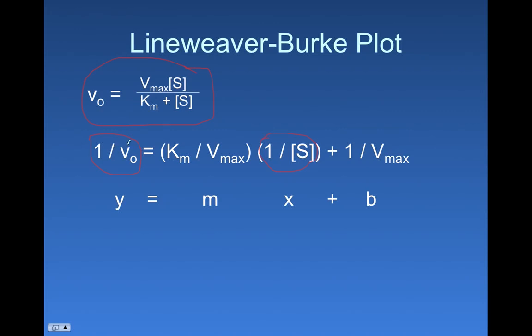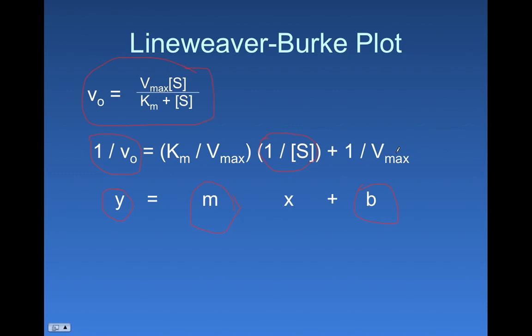And we're going to arrange this equation into a line. So y is equal to mx plus b. That's our equation of the line. Y, instead of initial velocity, is 1 over initial velocity. The x, instead of being substrate concentration, is 1 over substrate concentration. And our slope is therefore Km over Vmax, and our y-intercept is 1 over Vmax.